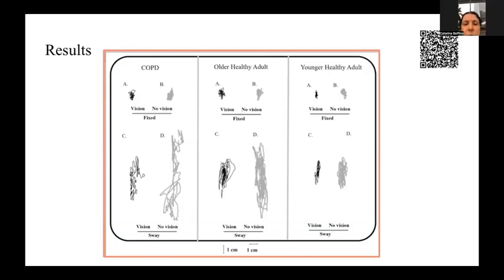The first group on the left is COPD. And as you can see, the raw data shows a greater sway in this group. So we did some statistical analysis to compare this data.